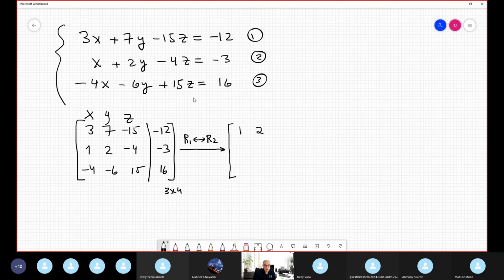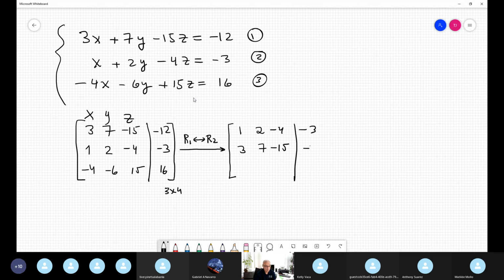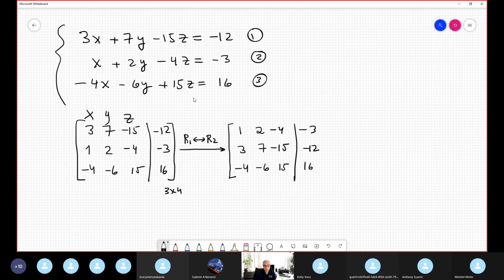So 1, 2, negative 4, negative 3, 3, 7, negative 15, and negative 12, no? And negative 4, and negative 6, and 15, and 16. Like you see, row number 3 does not participate in this game, stays the same, and row 2 and row 1 change, so swap.